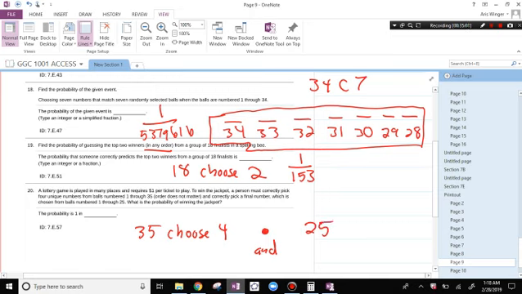So there are 25 of those numbers. 35 choose 4 is the number of ways of getting 4 numbers from those 35, where you don't repeat and you don't care about the order, times 25 for the final number that you pick separately.